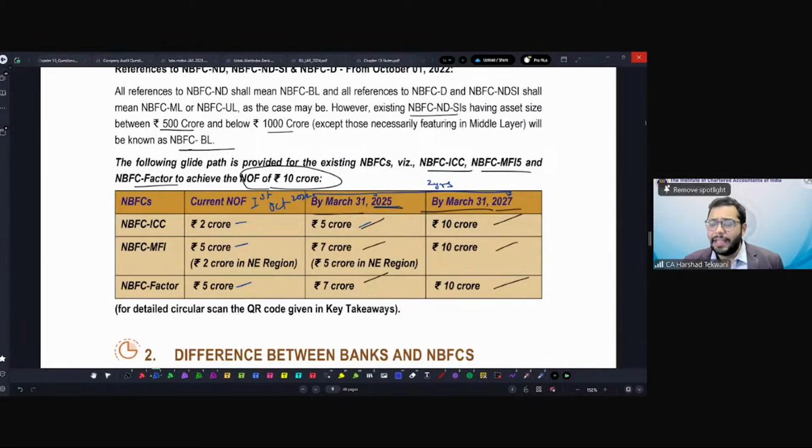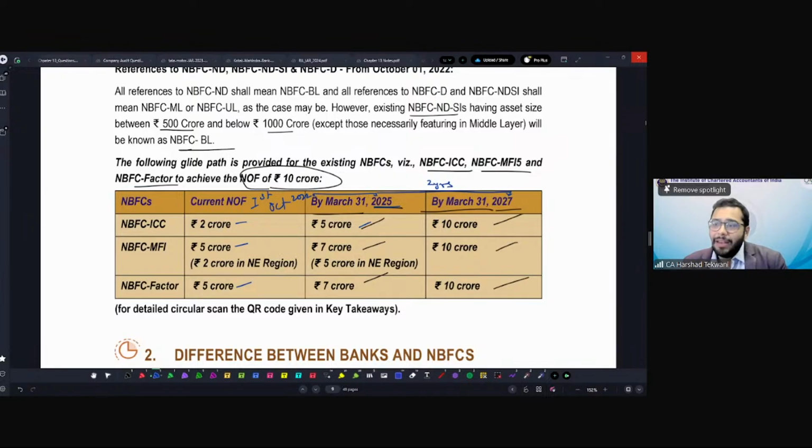A lot of things are there. They are all part of your prudential regulations or prudential norms. That means how an NBFC has to do accounting and operating aspects, and how they have to deal with that. That is the part we will be discussing.